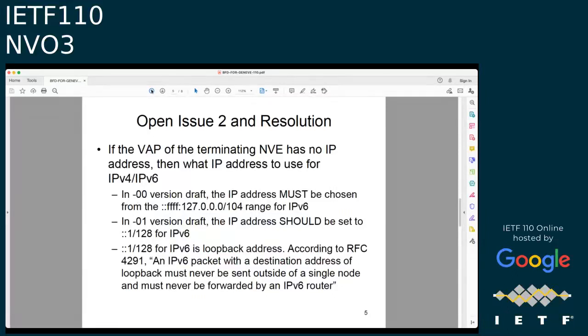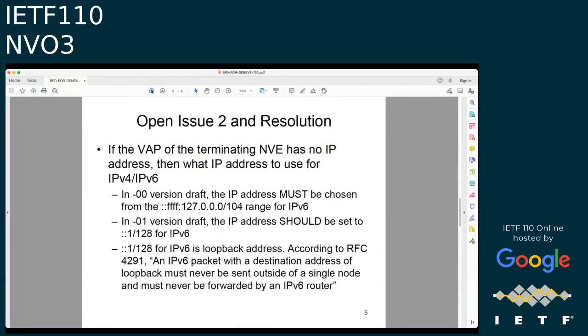Destination IP, I think for IPv4, we use the 127 range. We chose the IP address from the range 127.0.0.1 to 127.0.0.8. So for IPv6, in this 0.1 version, we use ::1/128 for IPv6.